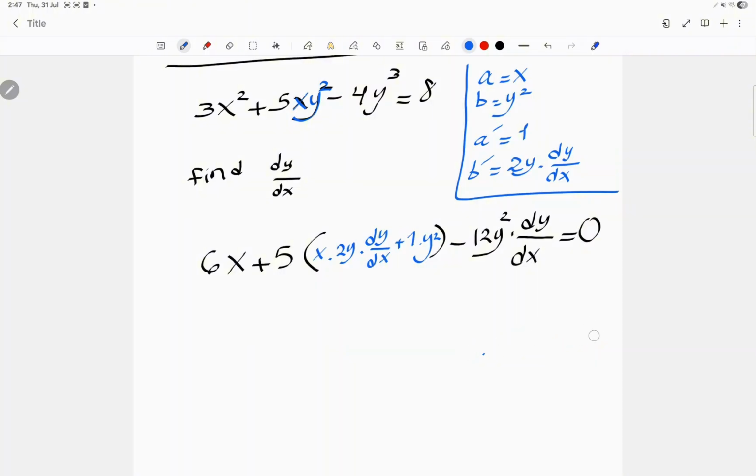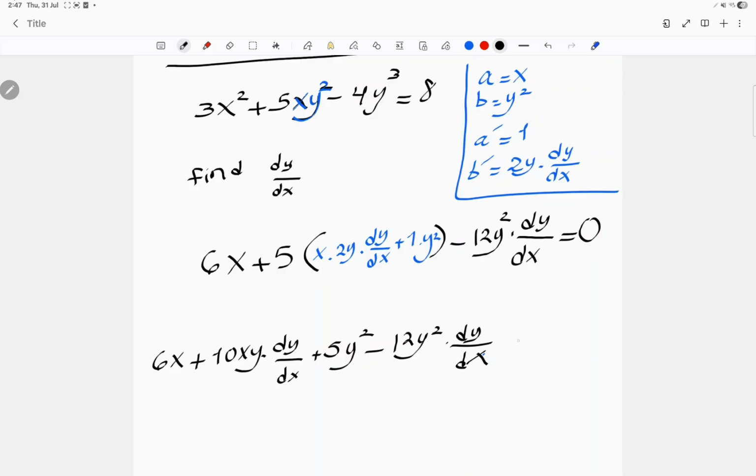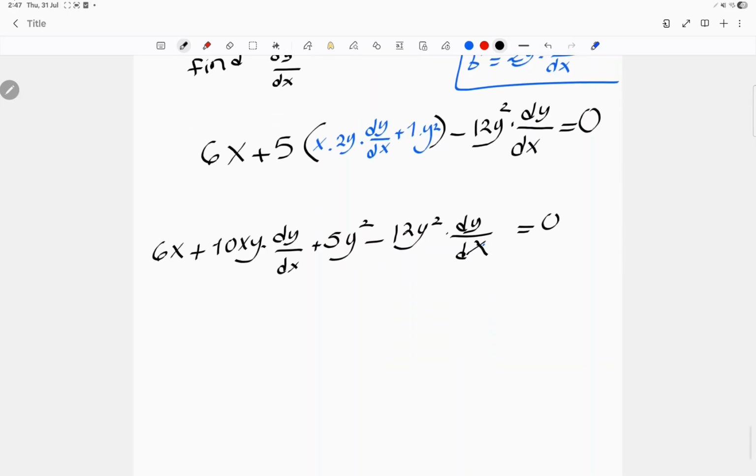Okay, let's now expand that 5. So we're going to have 6x plus 10xy dy over dx plus 5y squared minus 12y squared dy over dx is equal to 0.